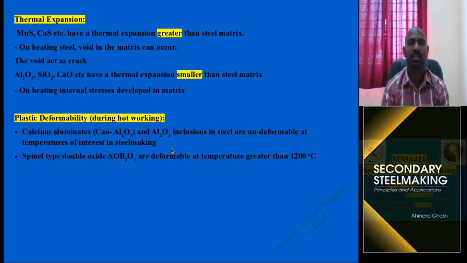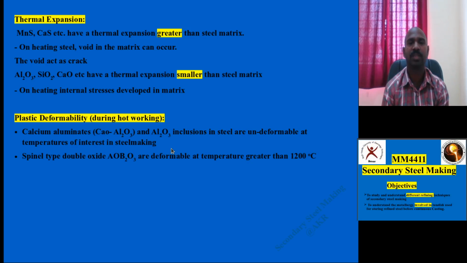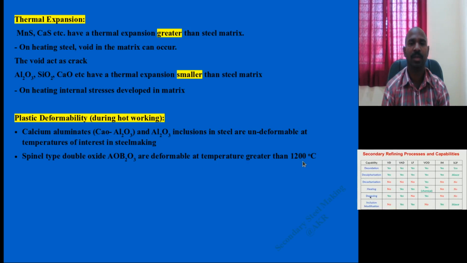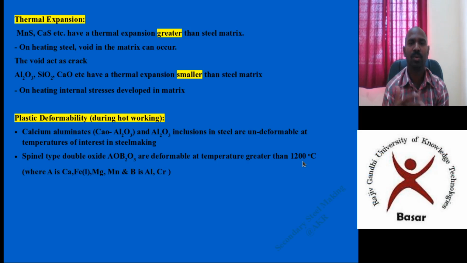This spinel type structure, the ternary phase, forms CaO, Al2O3 and SiO2. This kind of spinel structure becomes difficult to deform even at 1200 degrees Celsius. At lower temperatures it is really hard to deform.